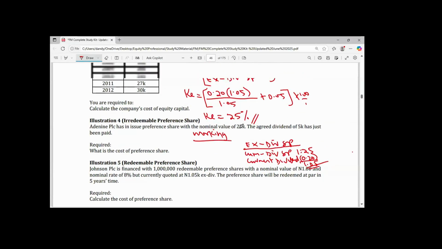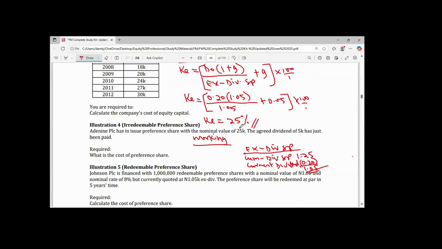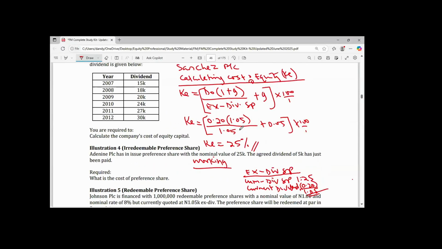All right then. So this is how to calculate cost of equity. You can see where I need to make adjustments, I have to make them before I compute it. But you must understand what you are doing, because all these little things matter. By the time you see a bigger question, you will appreciate them.